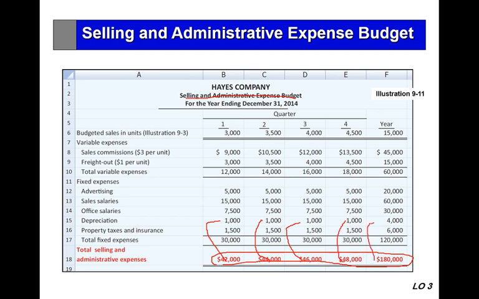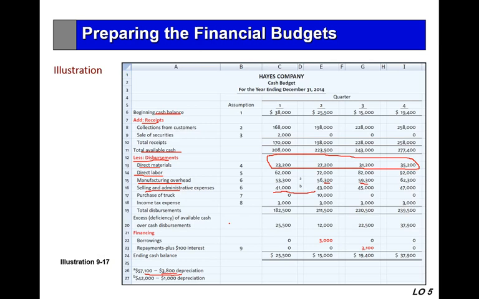Then we have 41,000 and 43,000 for the second quarter, etc. That is the calculation for manufacturing overhead and selling and administrative expenses.